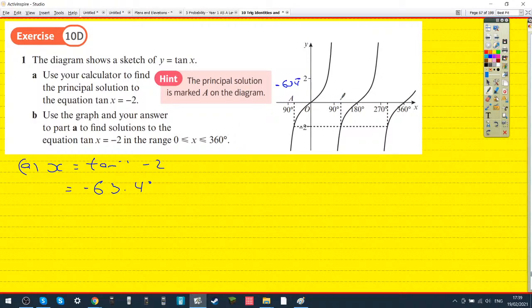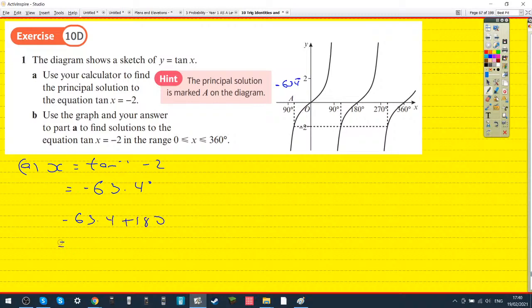This is the tan graph. How often does tan repeat? Every 90? Or every 180, sorry. Every 180, yeah. So it follows different rules from cos. So there's 180 minus 63.4, it's like minus 63.4 plus 180.